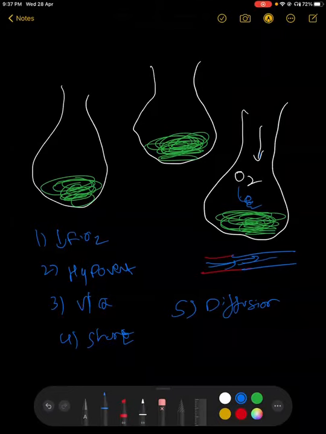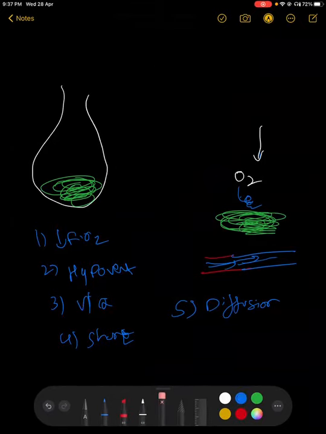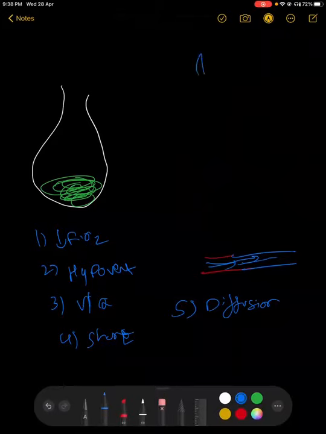To differentiate these things, I am going to introduce a new parameter known as the A minus a gradient.